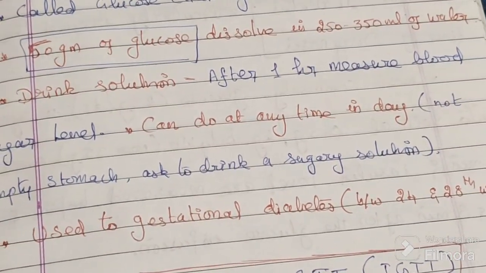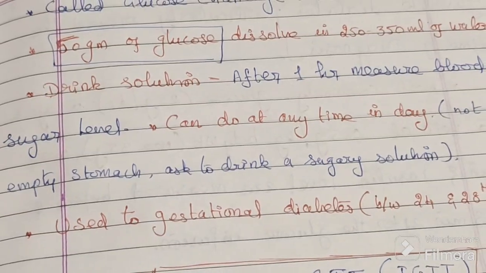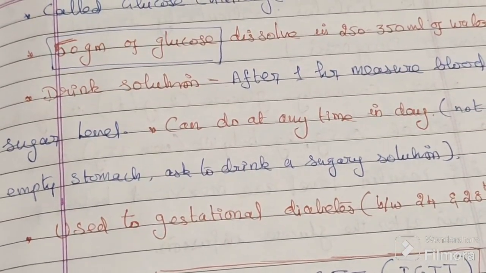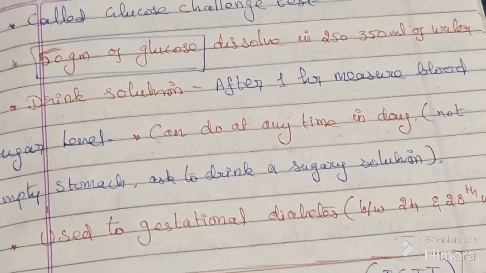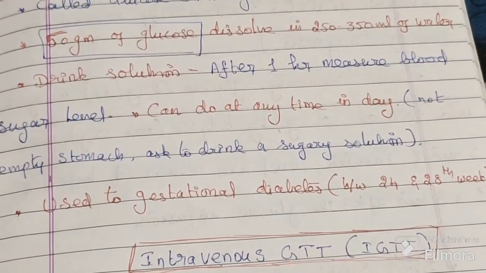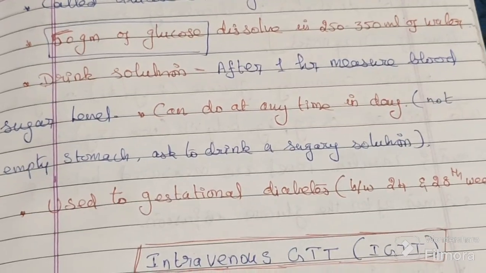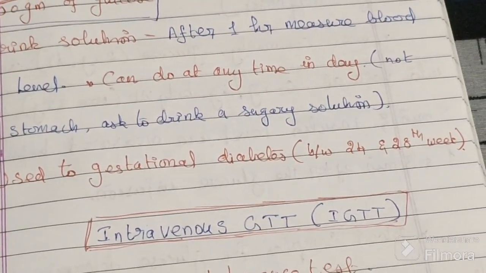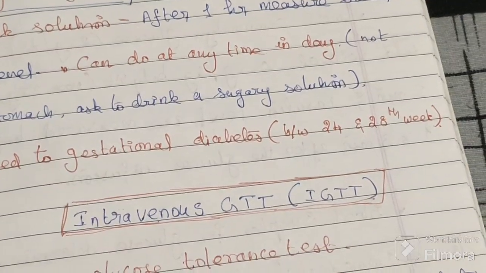This one we can do anytime, no need for fasting. This one is mainly used for the pregnancy period. For gestational diabetes screening, mainly we collect the sample between the 24th and 28th week.